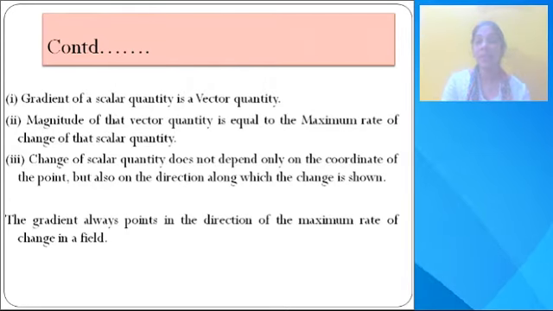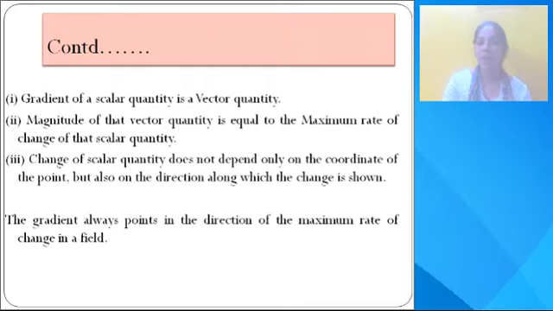It gives the maximum rate of change. So the gradient of a scalar quantity is a vector quantity. It is clear that the magnitude of that vector quantity is equal to the maximum rate of change of the scalar quantity. So of course the gradient of any scalar quantity gives us the maximum rate of change of the scalar quantity.